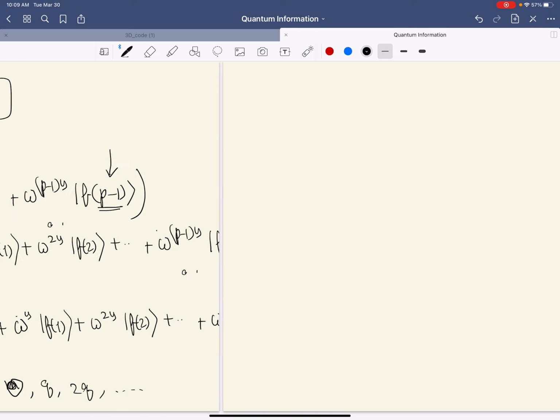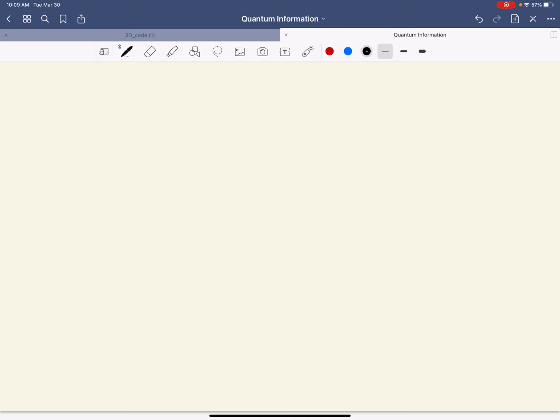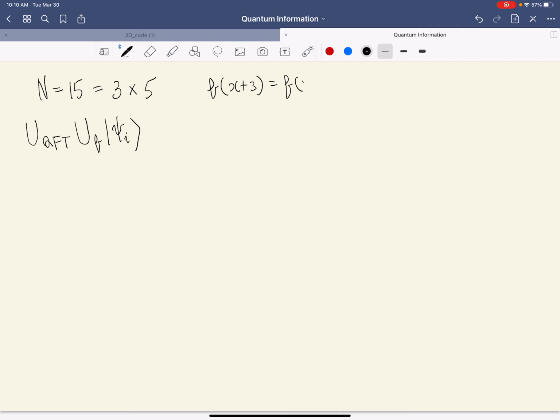Okay, so let me clarify the situation; perhaps an explicit example will help. Let's say n is 15, which obviously factorizes as 3 times 5. So the point is that after performing these two unitary operations, and let's say my function has a period of 3, which is obviously a very simple case.